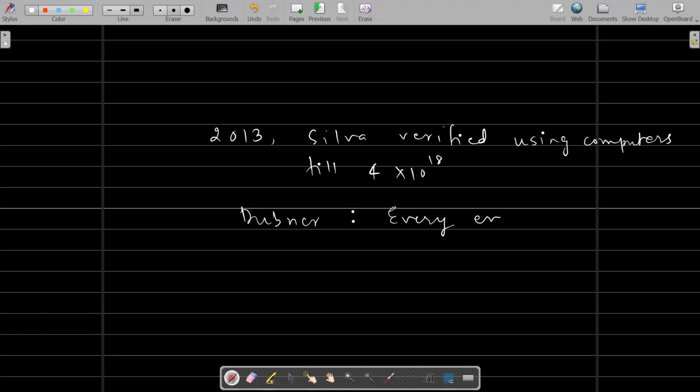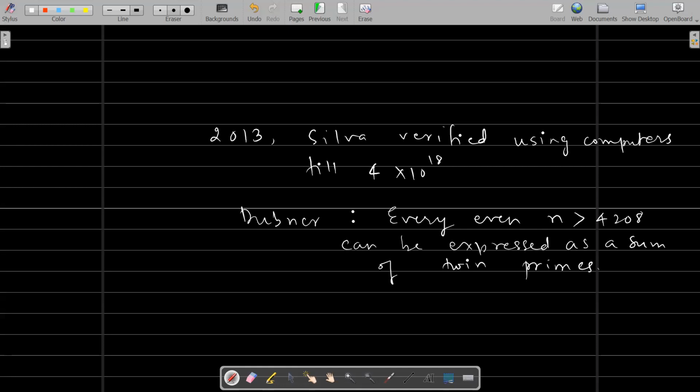Every even integer n greater than 4208 can be expressed as the sum of twin primes. Yeah, this is something really interesting.